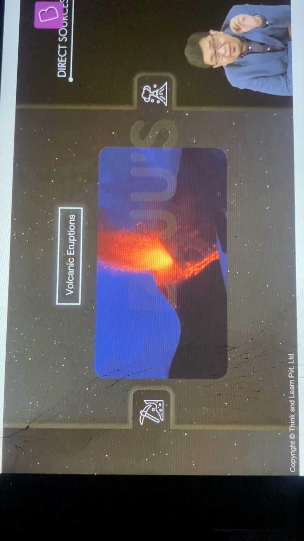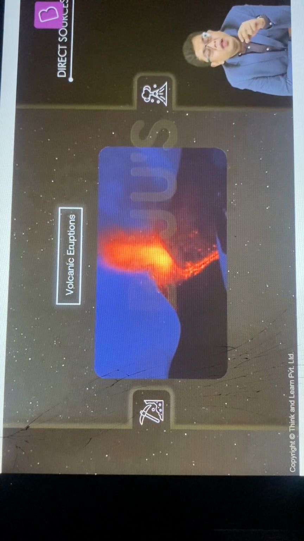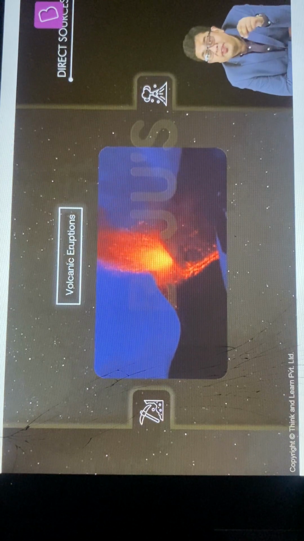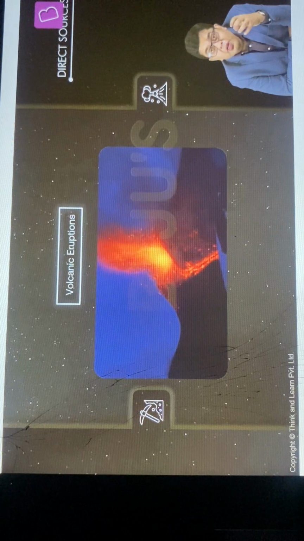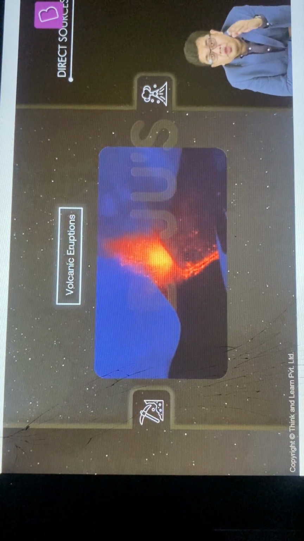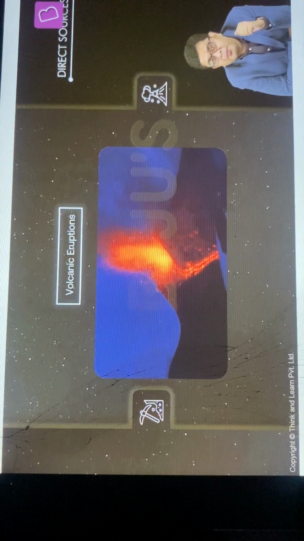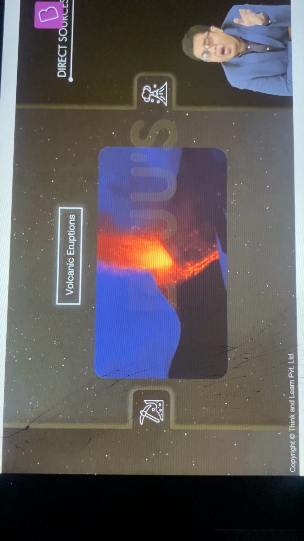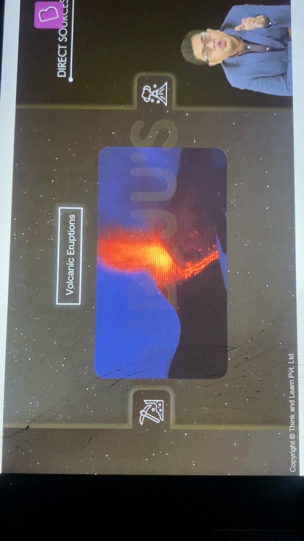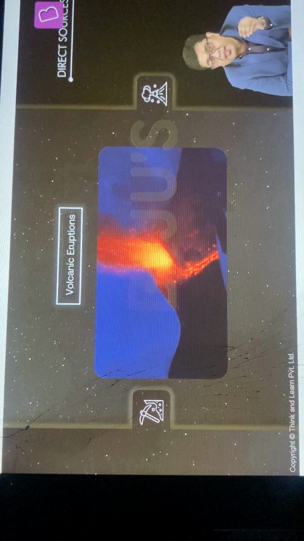But by studying this lava and its chemical composition, we get an idea about the depth from which this lava has come up. We also get an idea about the mineral composition, the mineral distribution that you end up finding in the lower levels of the planet. So every time a volcano erupts, our knowledge and information about the planet significantly increases.